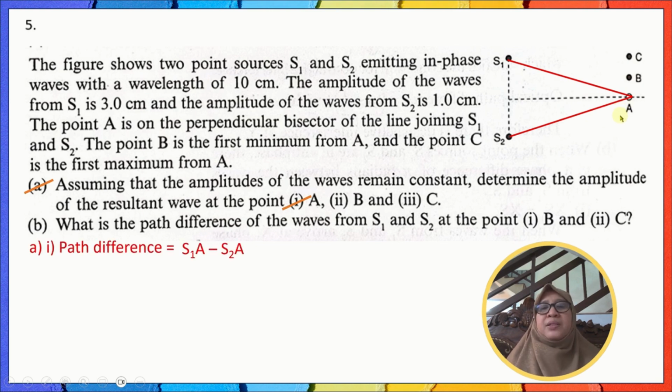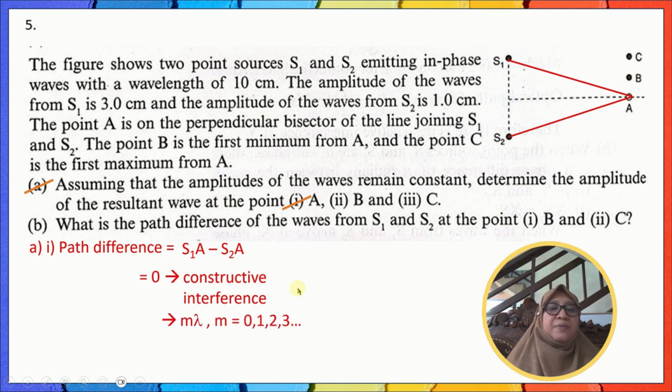The path difference S1A minus S2A will be 0, because S1A equals S2A. That is in the order of m lambda where m equals 0. So what happens at A is constructive interference with m equals 0.